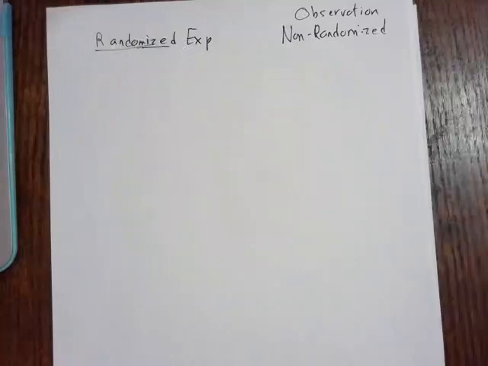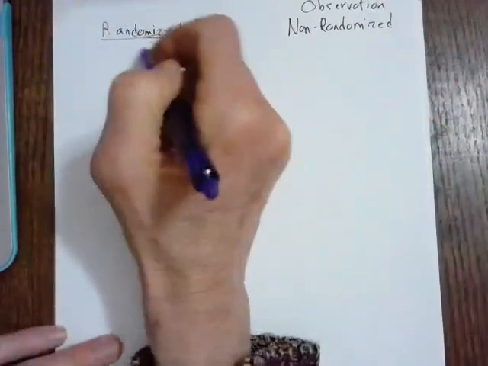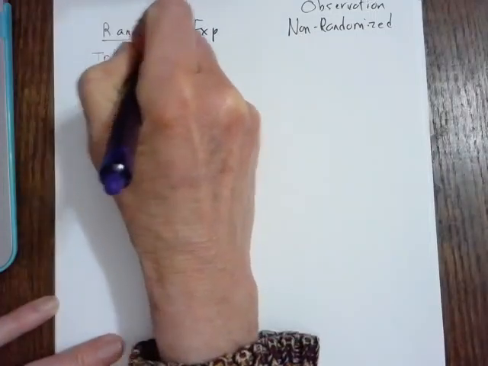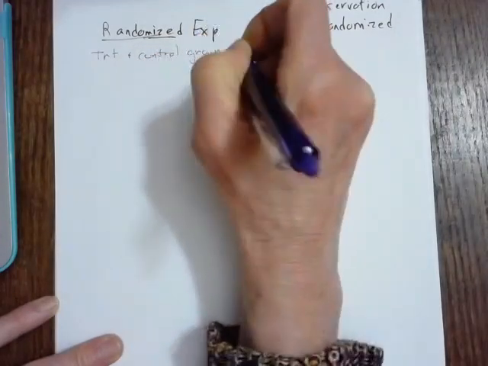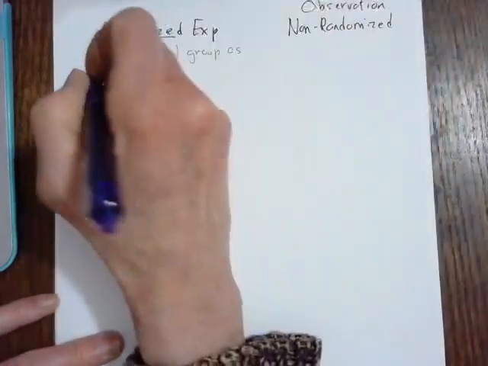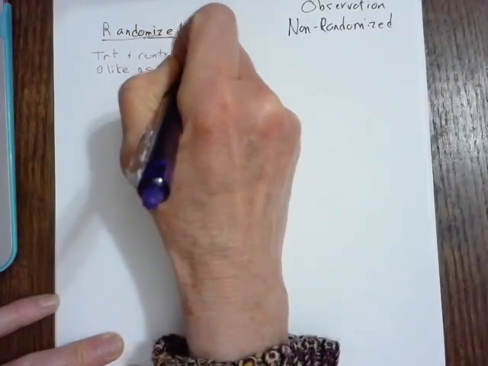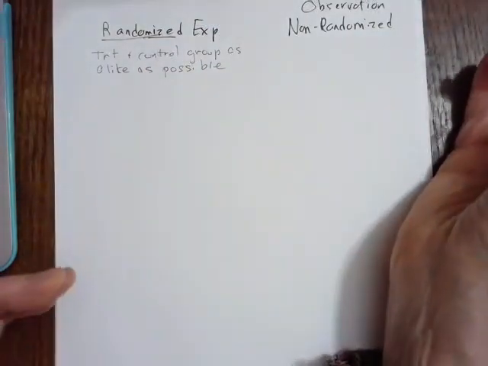The key is that randomization is key, because it allows you to meet the goal of having the treatment and the control group as alike as possible. And then when you administer the treatment, that's the only difference between them.